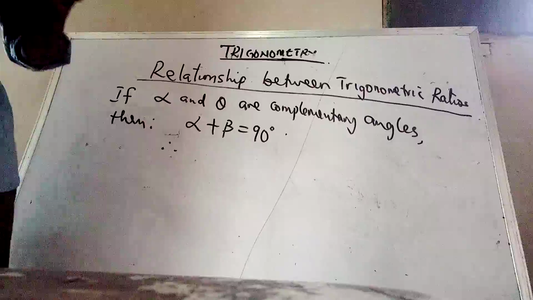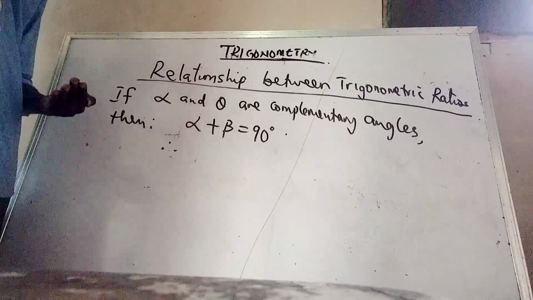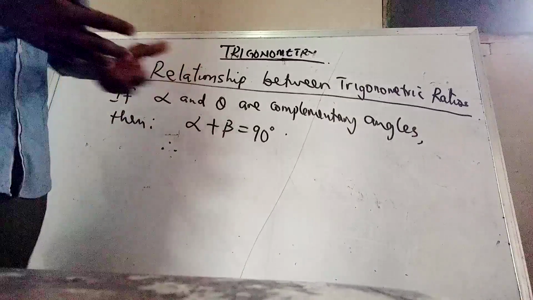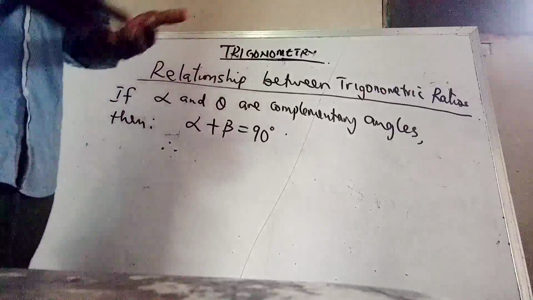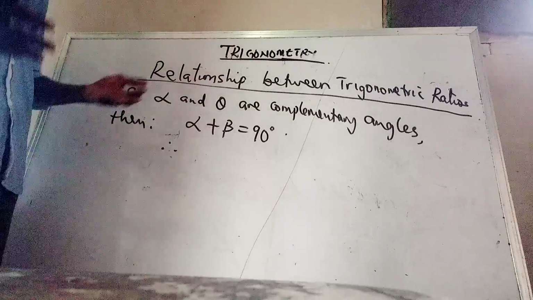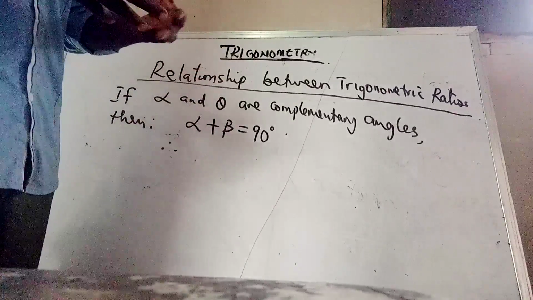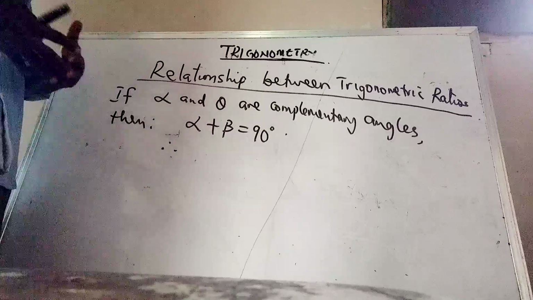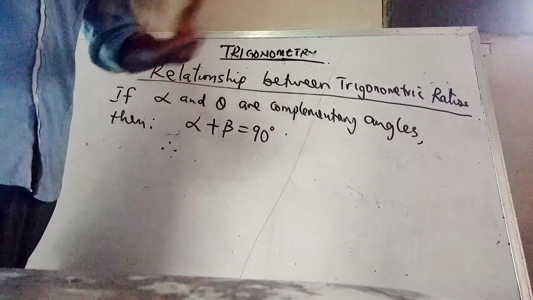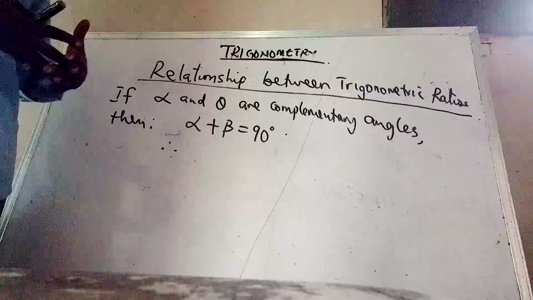When two angles are complementary, it means if you add the two together, it will give you 90 degrees. The addition of any two complementary angles equals 90 degrees.